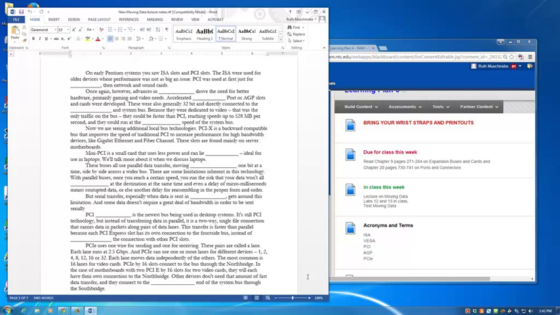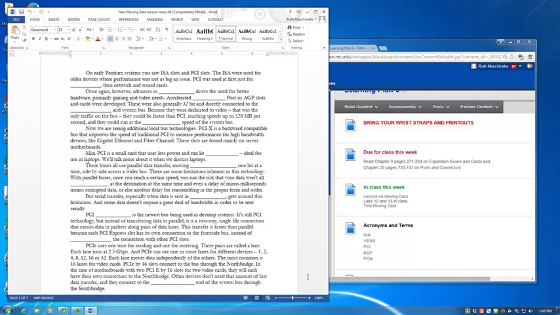Once again, however, advances in software drove the need for better hardware, primarily because of gaming and video needs. Accelerated Graphics Port, or AGP, slots and cards were developed. These were also generally 32-bit and directly connected to the North Bridge and the system bus.